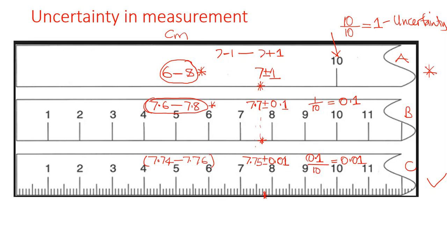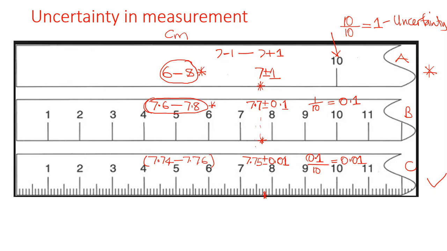Now, uncertainty is important. If I look at a number, I can tell you which of the figures from the number are certain and which figure is uncertain.